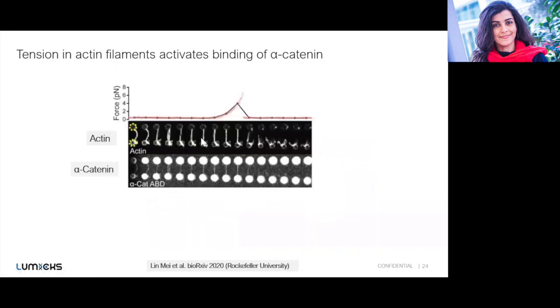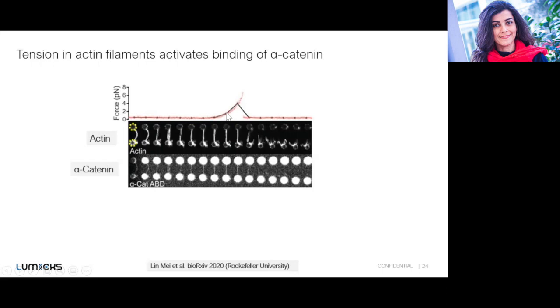So what they do is that at the same time that they apply force to the filament, they also take fluorescence images of actin and their actin binding protein. So at the beginning, when they start to apply force, they see that the actin filament is getting extended until it gets to its resting length.